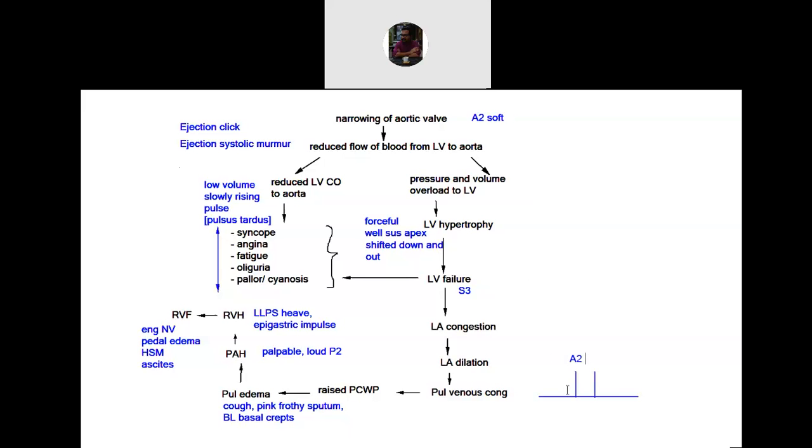Murmur of aortic stenosis is. What is the timing of the murmur of aortic stenosis?